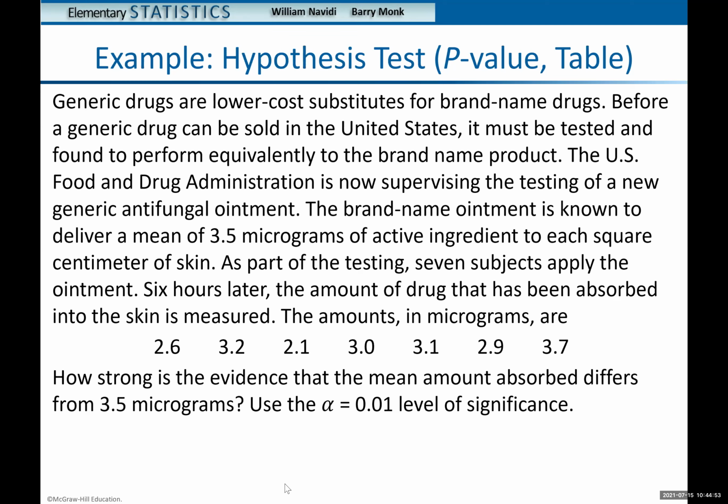The amounts in micrograms are as follows: 2.6, 3.2, 2.1, 3.0, 3.1, 2.9, and 3.7. How strong is the evidence that the mean amount absorbed differs from 3.5 micrograms? Use the alpha equals 0.01 level of significance. Right. Thank you.